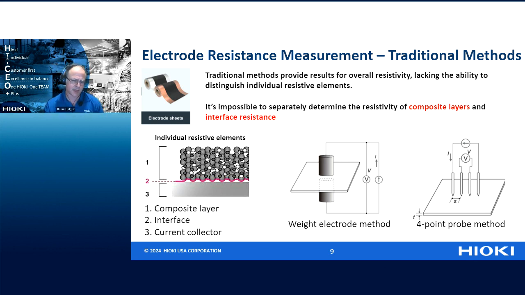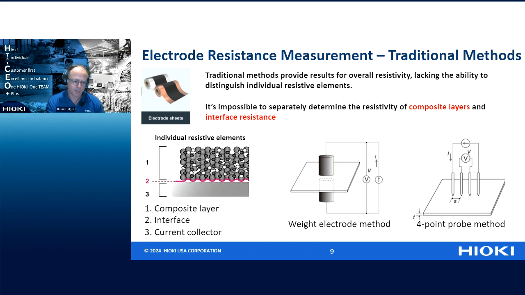For the traditional methods of testing, we have the weighed electrode method. This is where current is injected through the electrode sheet. We measure the voltage drop and calculate resistance and resistivity that way. And the 4-point probe method, we force current across the sheet and measure the voltage drop.